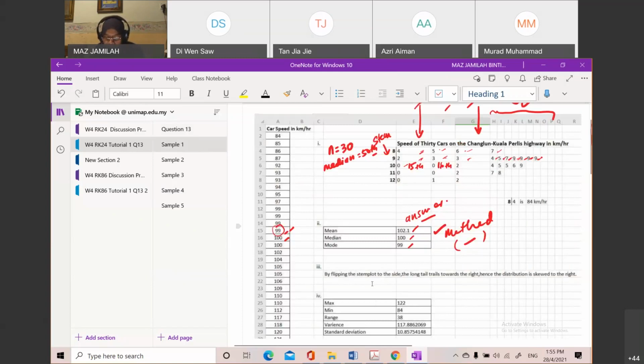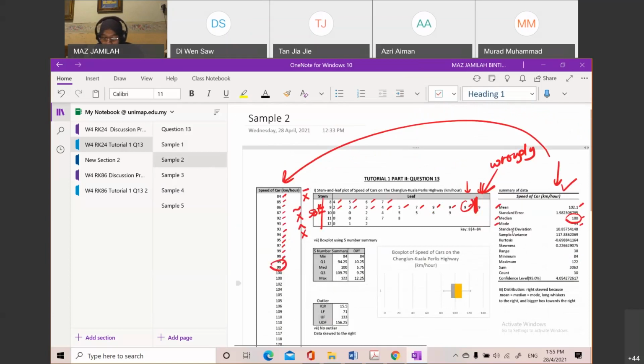By flipping the stem plot to the side, the long tail is towards the right, so the distribution is skewed to the right. I cannot say this is wrong, but if I were to correct it, I would say the distribution is approximately skewed to the right, which is right. Okay, the second one.